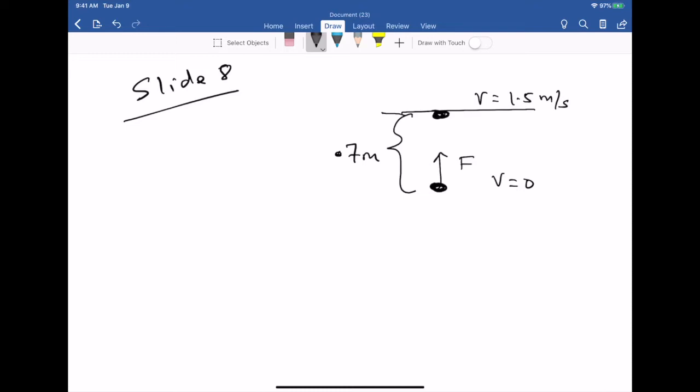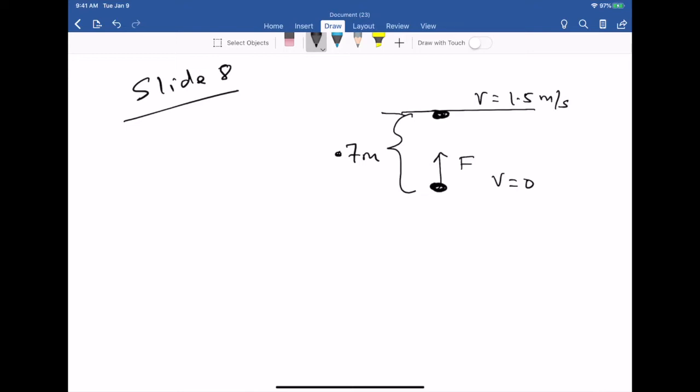Now, this question has nothing to do with this chapter. This question is an application of the material that's covered in chapters 4 and 5, Newton's laws, in particular Newton's second law. So to calculate the force F, we need to draw a force diagram on this person, and then just apply Newton's second law. So standard procedure.